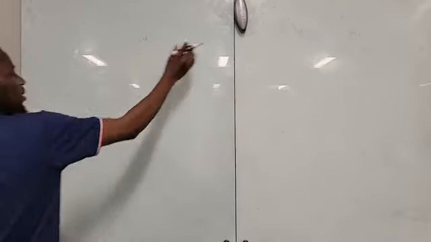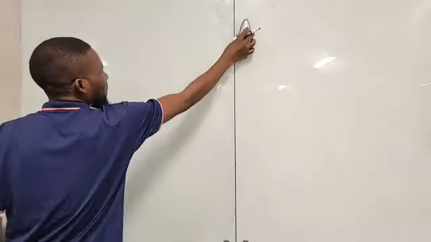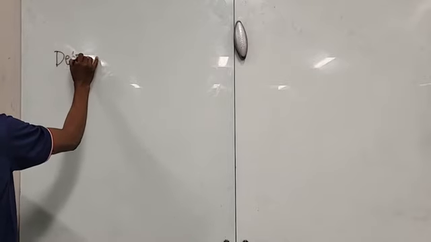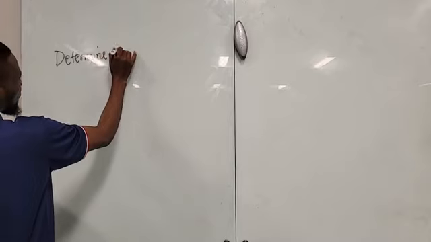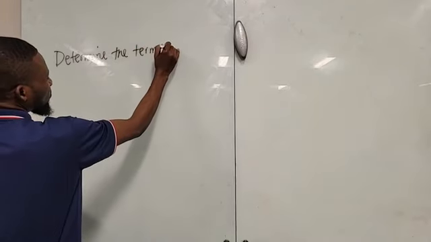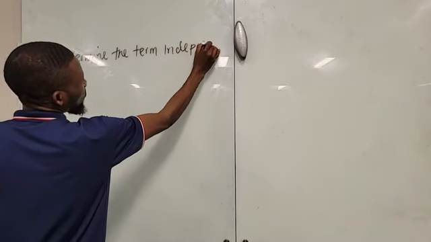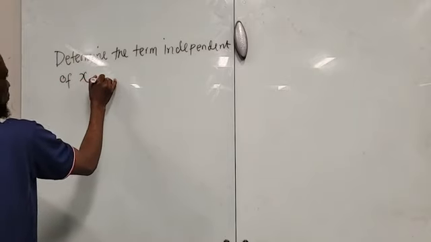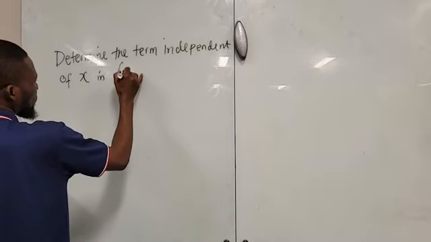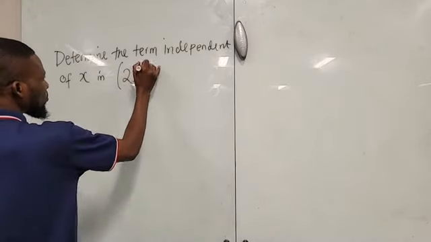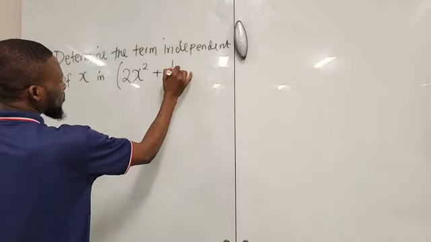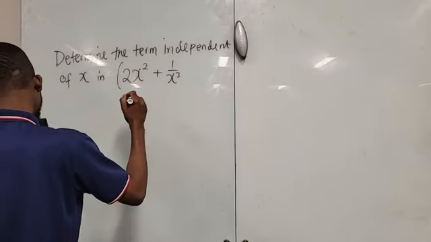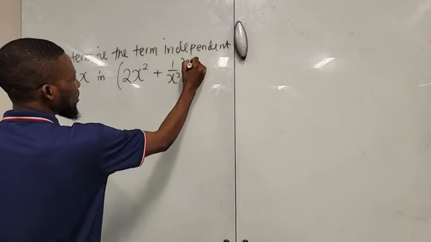All right, let's see, where's the marker? So find, let's say determine the term independent of x in 2x power 2 plus 1 over x to the power 3, all to the power 10.